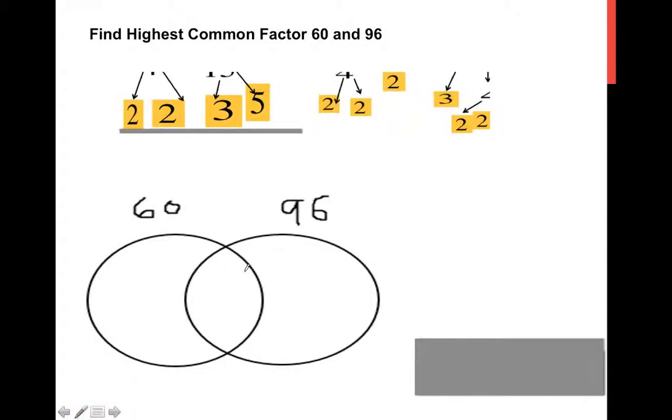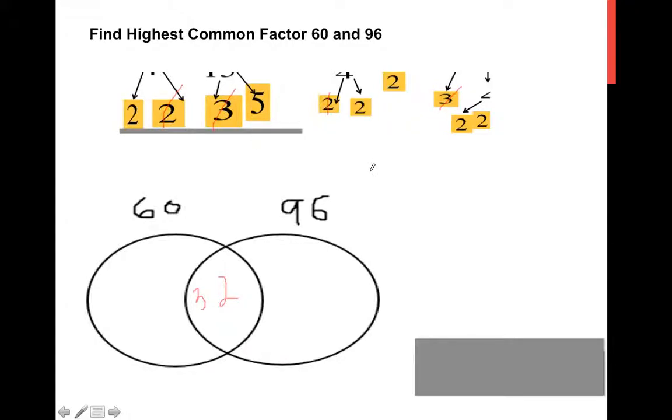Get our pen. Right. Now, we find what is common, so 2 goes in here, 2 goes in here, so 2 times 2 is common between 60 and 96, so we can cross that off. And then 3 goes into both, so we do 3. Sorry about the bad handwriting, but that's the technology I'm using.